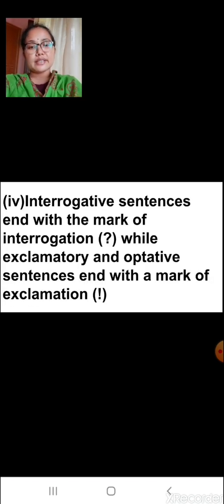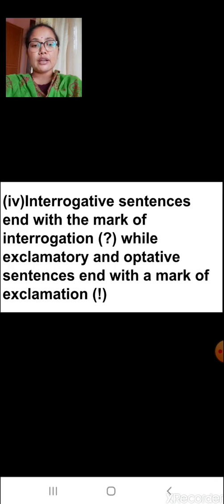Interrogative sentences end with the mark of interrogation, that is the question mark, while exclamatory and optative sentences end with a mark of exclamation.